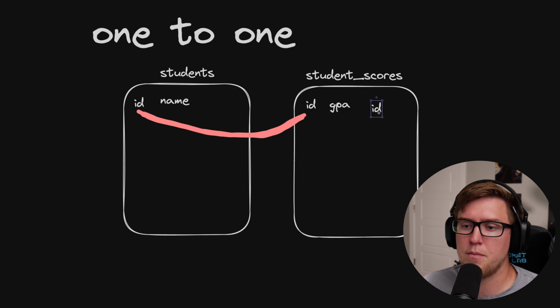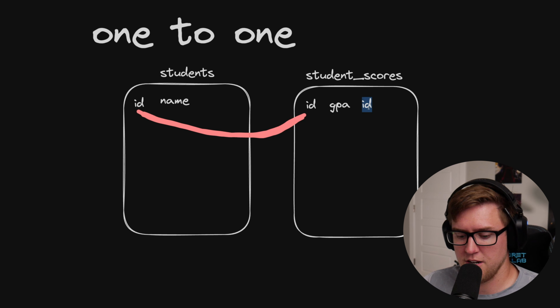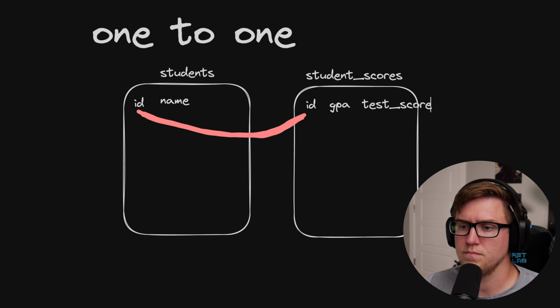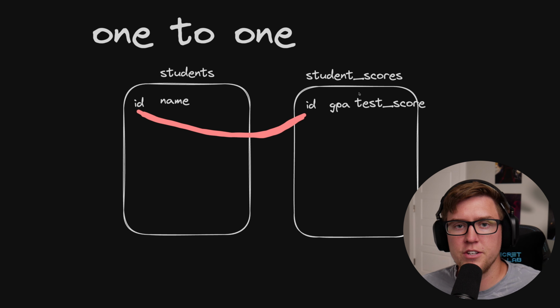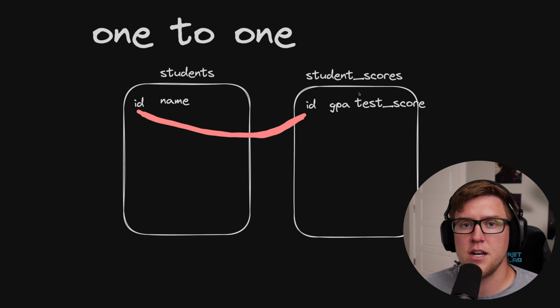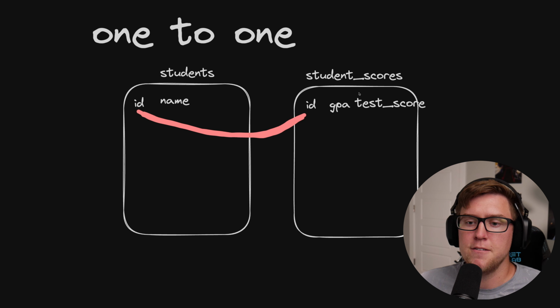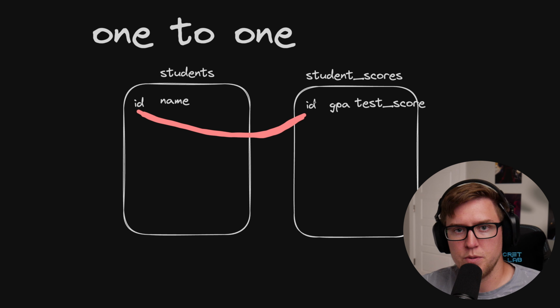It would give us some flexibility. Maybe we have some other data in here, like a test score, that we'd want to add as another field on this table. So for one-to-one relationships, generally speaking, it's just a field on the same database table, but it might be a one-to-one mapping of primary keys between two tables.